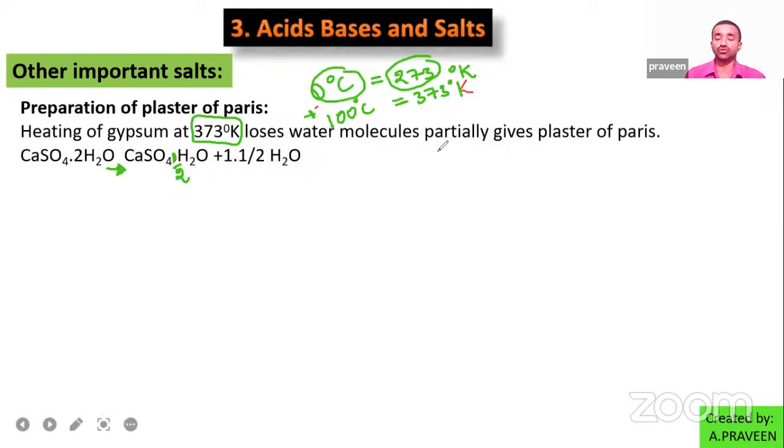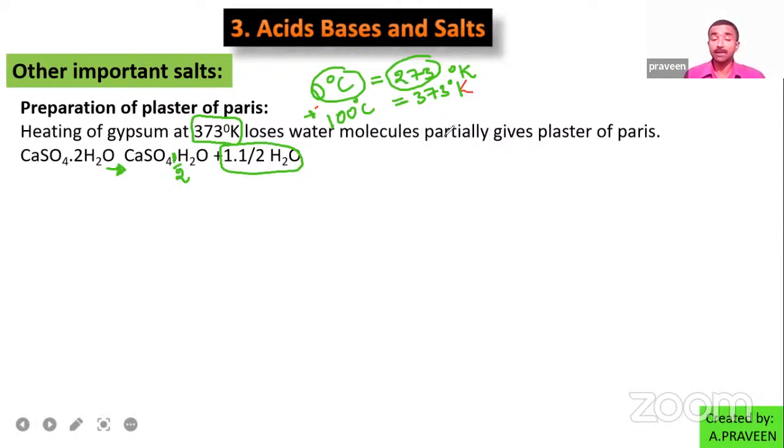CaSO4 half H2O. That remains. Then it loses its 1.5 water molecule. So here simply CaSO4 2H2O heated at 373 degree Kelvin temperature, then it is losing 1.5 water molecule and remains with only half water molecule.